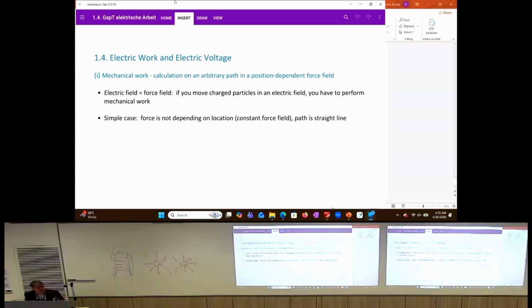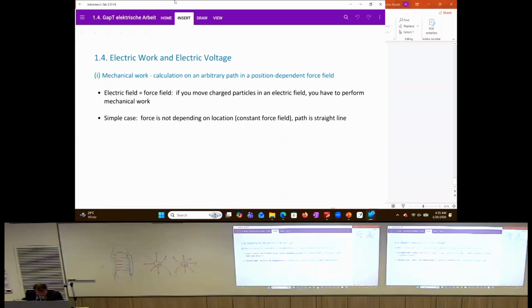And then if you take this charge and drag it through the force field along some trajectory, you obviously have to put in some work because you have to overcome a force. Well, it depends, because there are potentially also options where you can move the electric charge in the force field without actually having to exert any force.